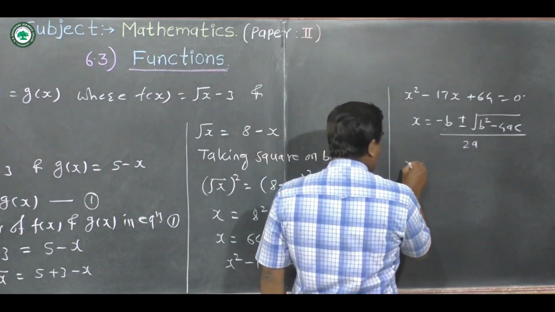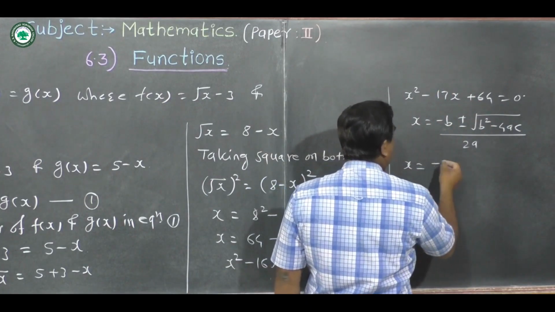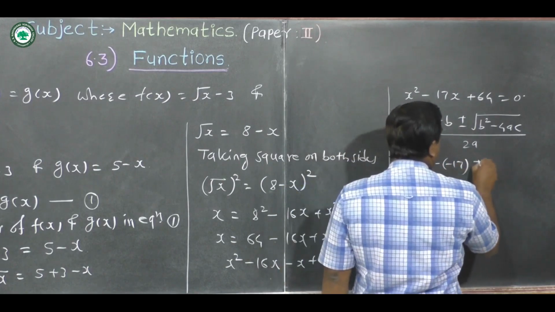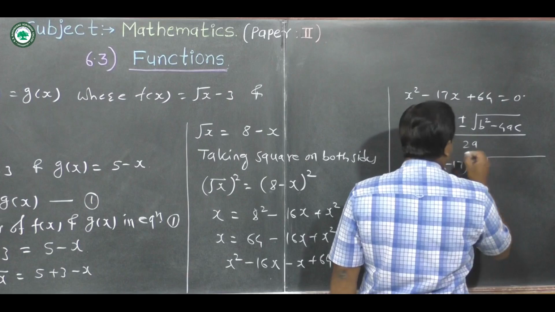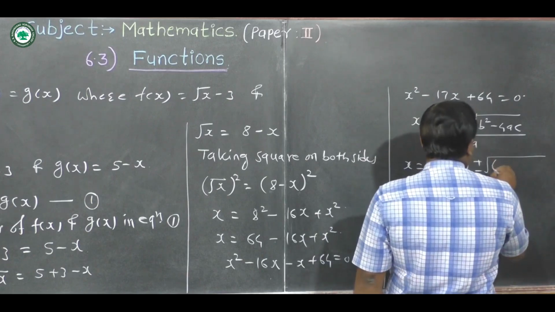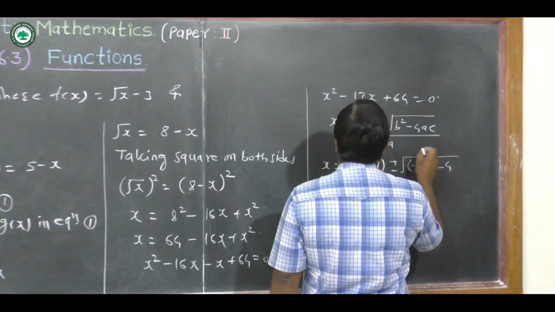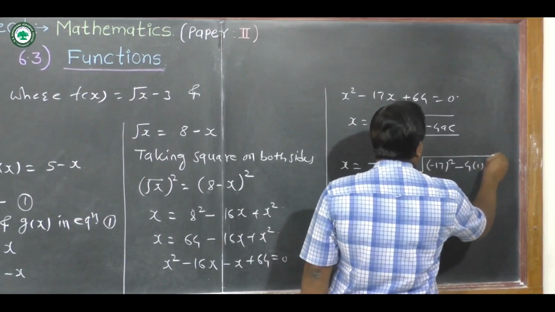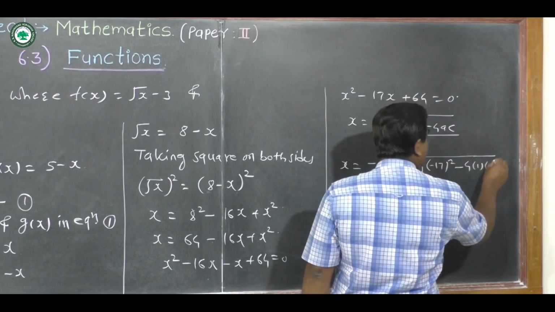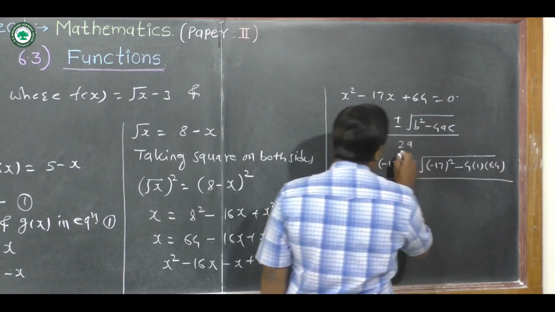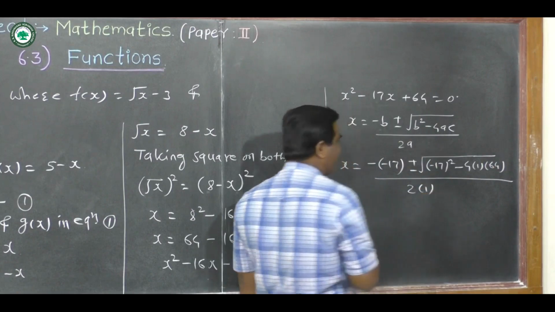Putting these values here, we get x is equal to minus b, means minus of minus 17, plus or minus under root b square, minus 17 square, minus 4 into a, means 1, into 64, the value of c is 64, upon 2a, 2 into 1.